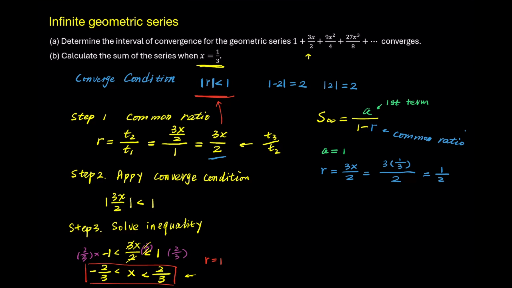We have S infinity equals 1 divided by 1 minus 1 over 2, which equals 1 divided by 1 over 2. So eventually we have S infinity equals 2. So when x is 1 over 3, this infinite series converges to a finite sum of 2.